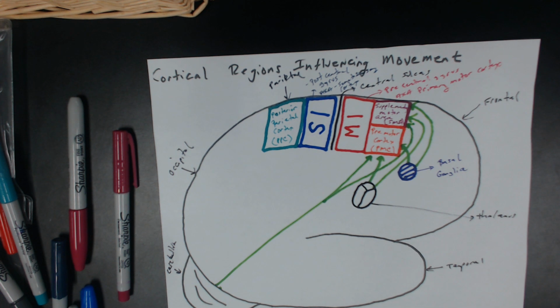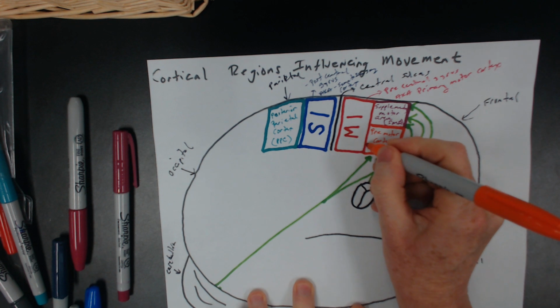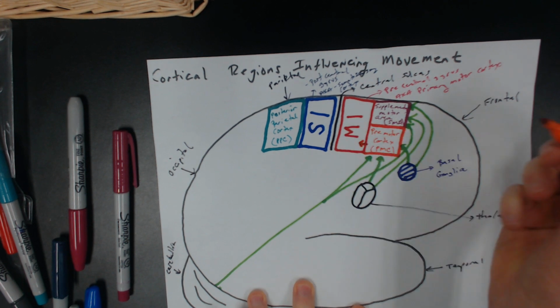So this is all information coming in about the state of things in the rest of the body. Okay, and then that information received by the premotor cortex is then fed into the primary motor cortex.